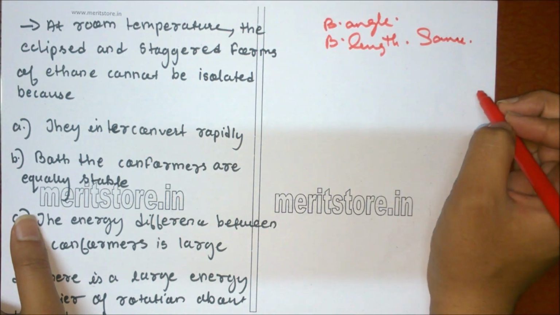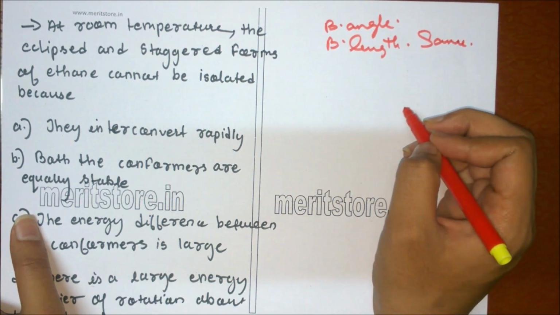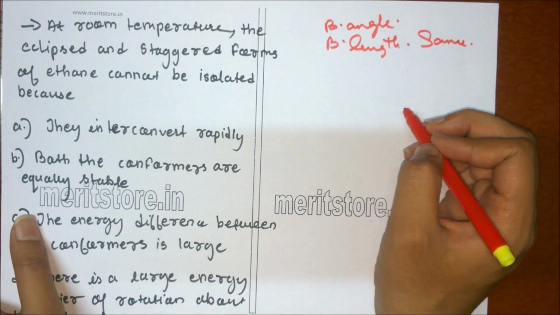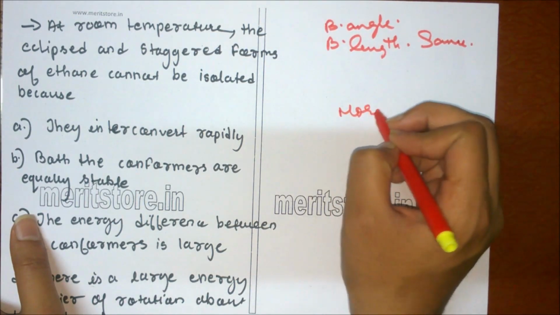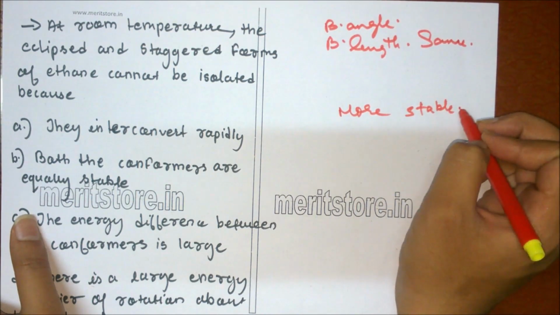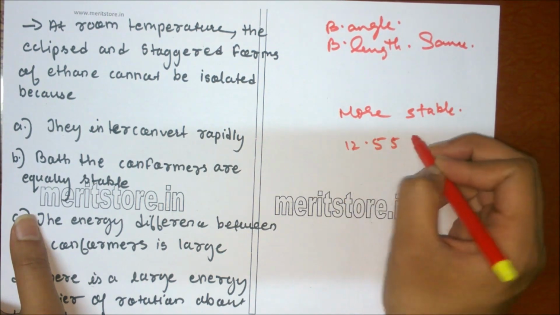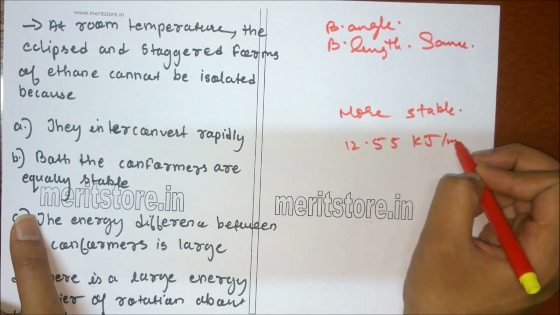Since the repulsion between the non-bonded hydrogen atoms on the two carbons is minimum in the staggered conformation, the staggered conformation is more stable than the eclipsed conformation by about 12.55 kilojoules per mole.